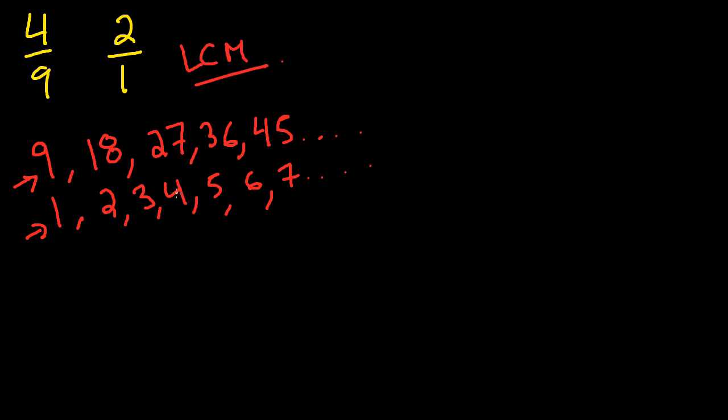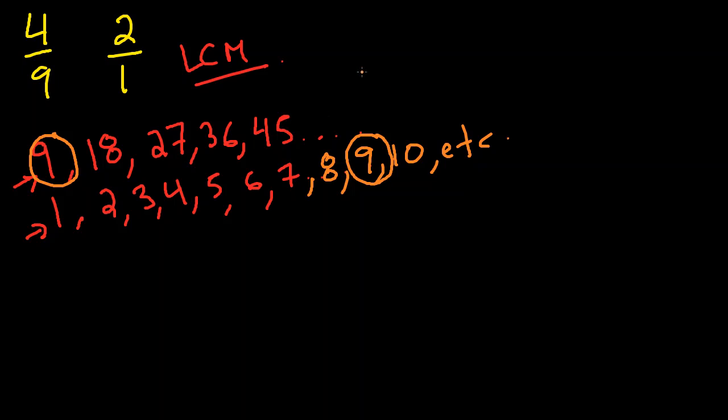In these two lists, if we were to continue the list of multiples of 1, I ended the list at 7, but if you were to keep going, we would have 7, 8, 9, 10, and so on. So we have 9 here, and we have a 9 here. So 9 is our lowest common denominator.